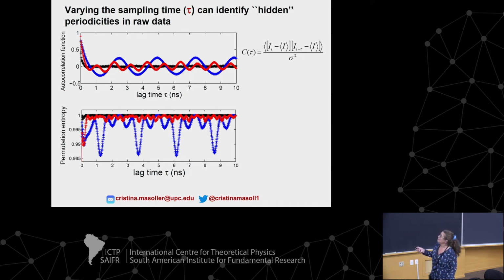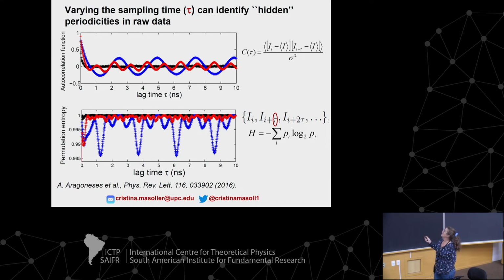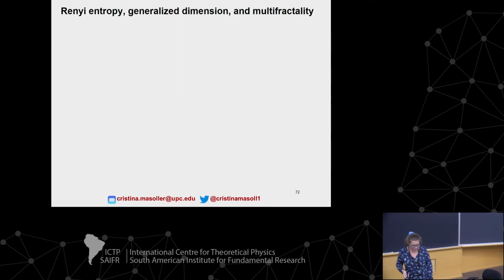But still, it's quite remarkable compared to the autocorrelation function. So this second plot is when we calculate the value at time t, plus a lag, plus 2 lag, compute the ordinal patterns, and calculate the permutation entropy.